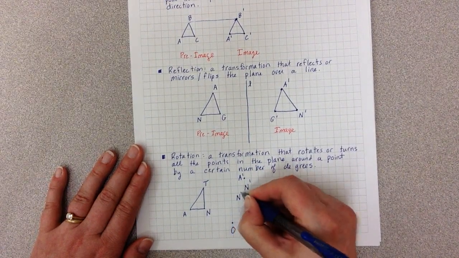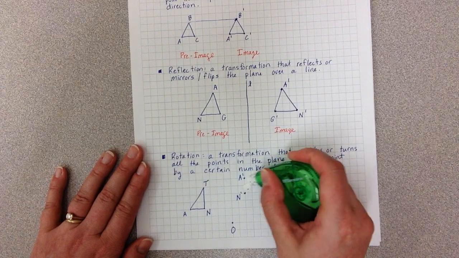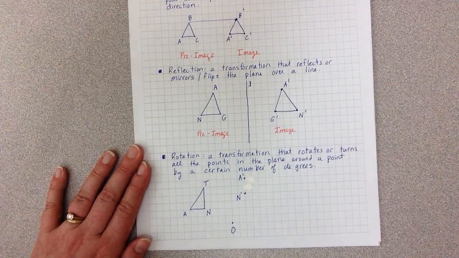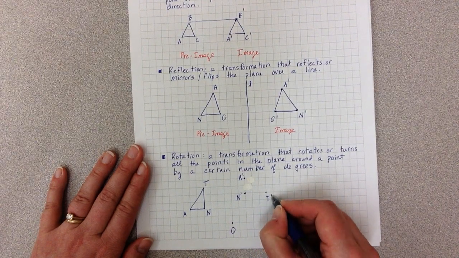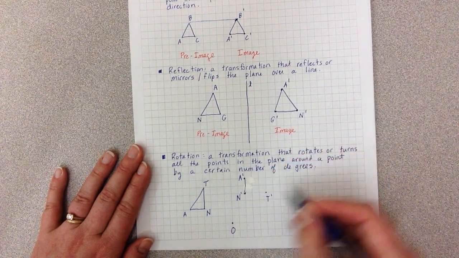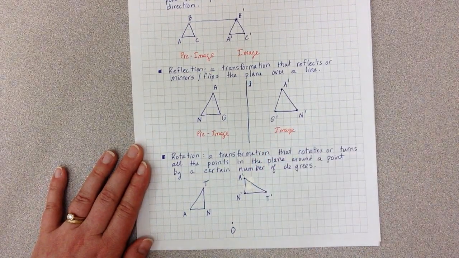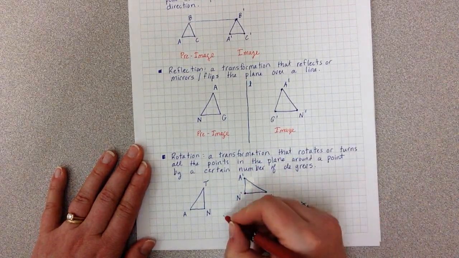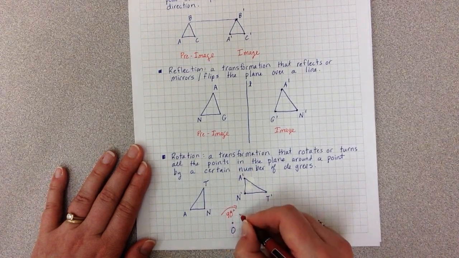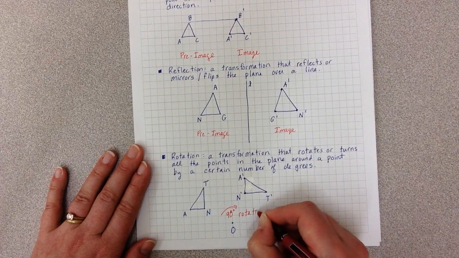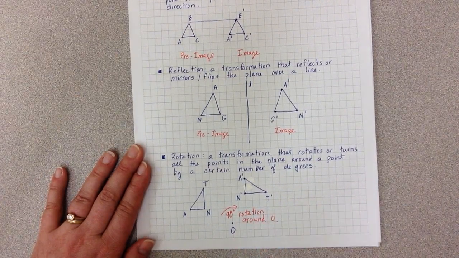I've got my N prime kind of in a funky place right now, which means then this is where T prime ends up. And this is a 90-degree rotation around O.